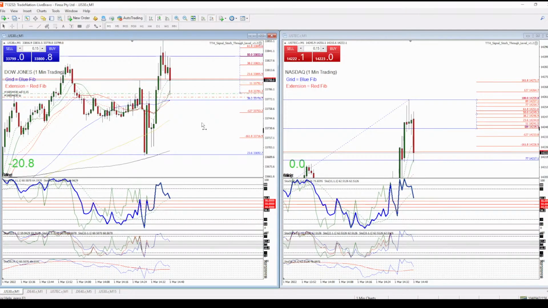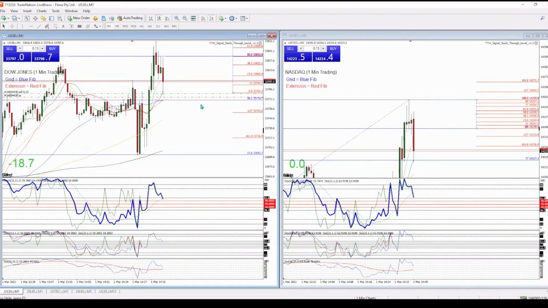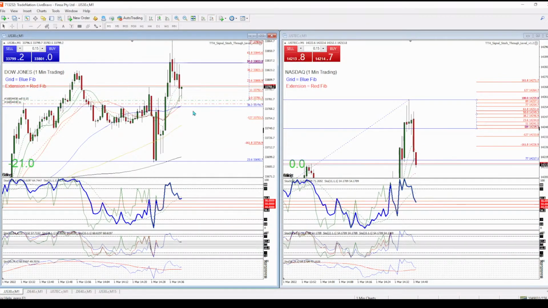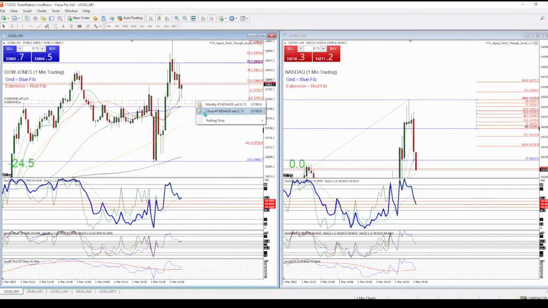Yeah, no real support there that I can see, except for the 89 zone moving average from 5 Dow. Stochastic back up to 61 point. It will be a stop.